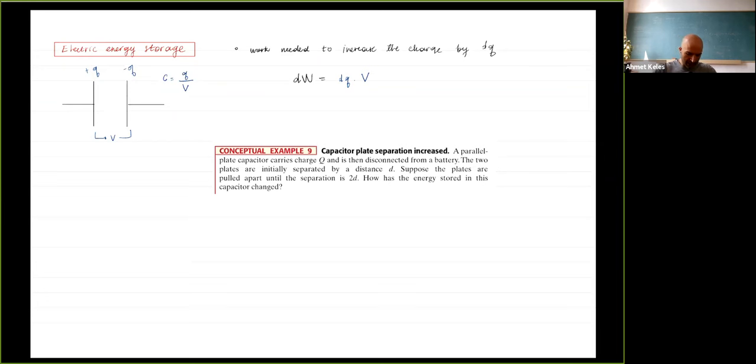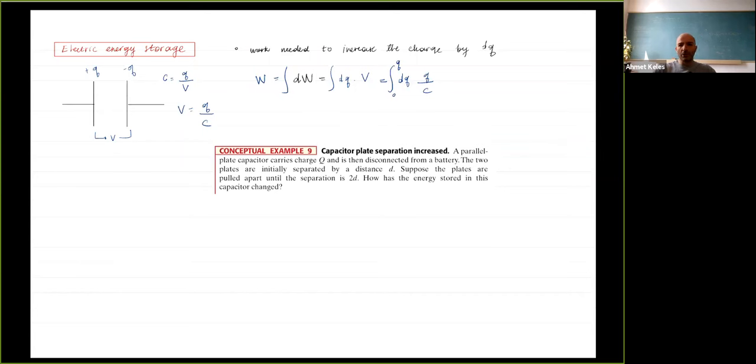Now I would like to use this relation. If you invert it, V is equal to what? V should be equal to Q divided by C. So let me plug this back in. This is going to be equal to dq times Q over C. Now, if I integrate over all possible Q's, from no charge to charge Q, then W is the integral of this.